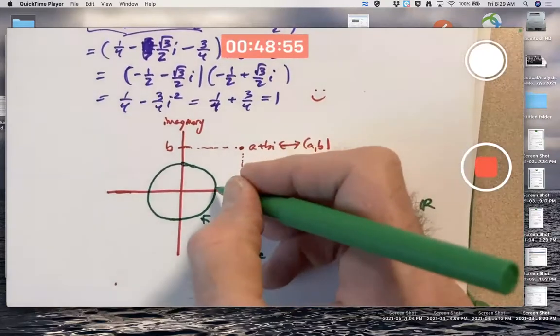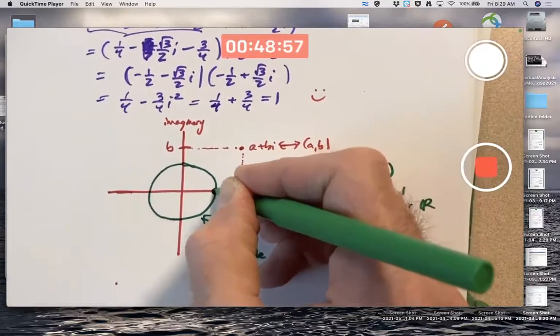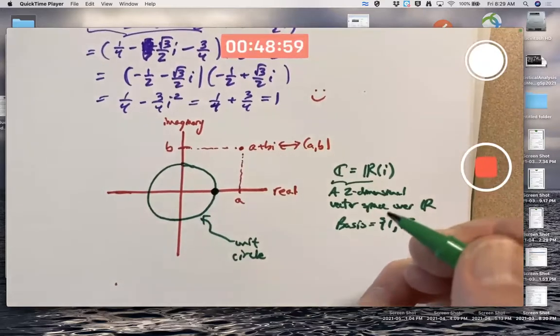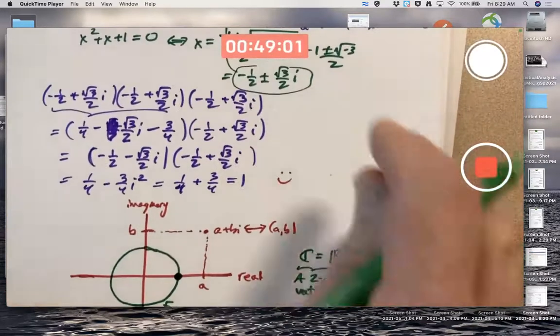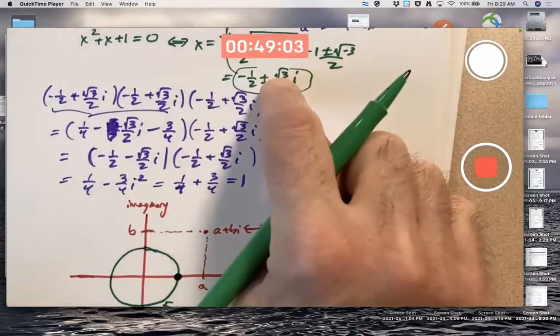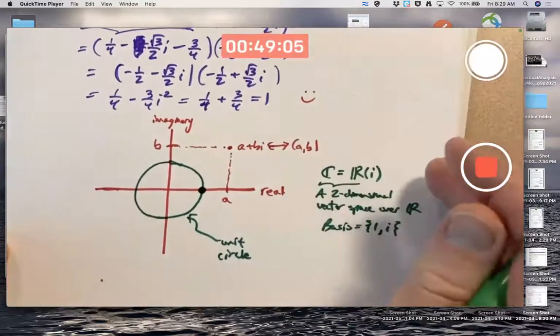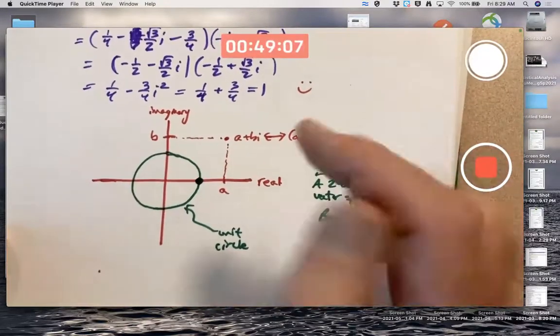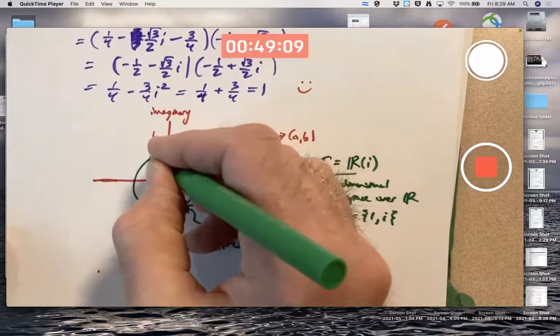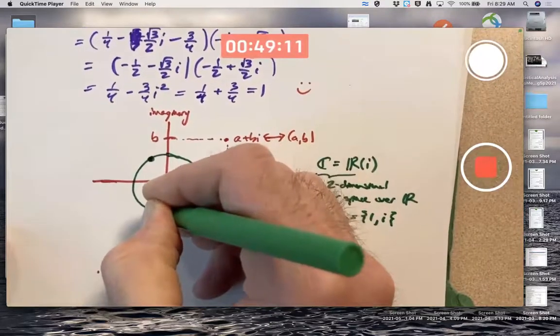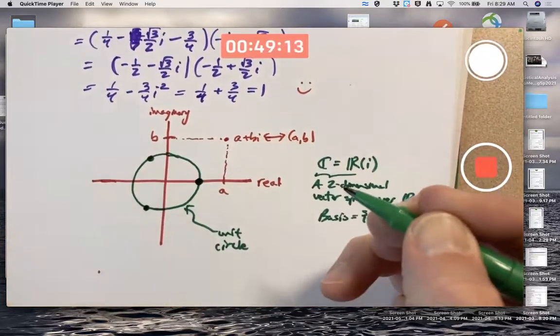Where are the cube roots of unity? Well, one of them is 1. The other two are -1/2 plus or minus root 3 over 2i. Root 3 over 2 is about 0.866. Right around here and here are the other two cube roots of unity.